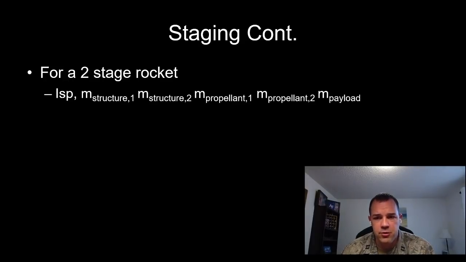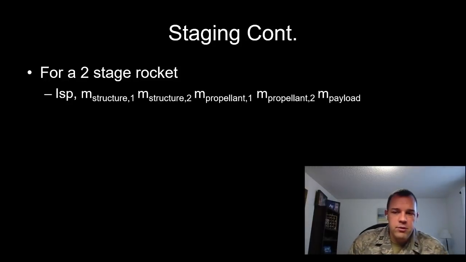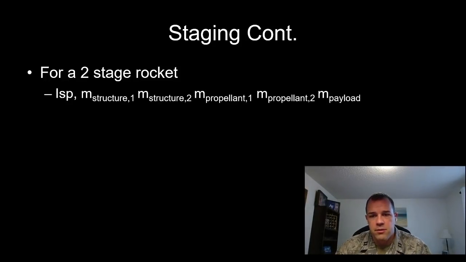Now we're going to split up that structure mass between stage 1 and stage 2. Stage 1 is just the structure mass associated with the first stage: the rocket nozzle, the rocket body, all the pumps, all the tanks for stage 1. And we also have a propellant mass for stage 1 as well, and that's just all the propellant for the first stage of the rocket.